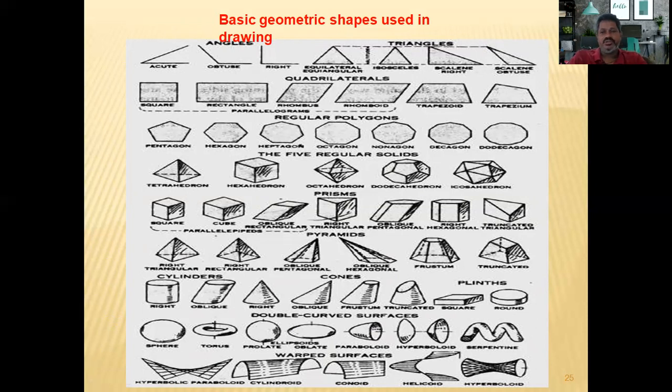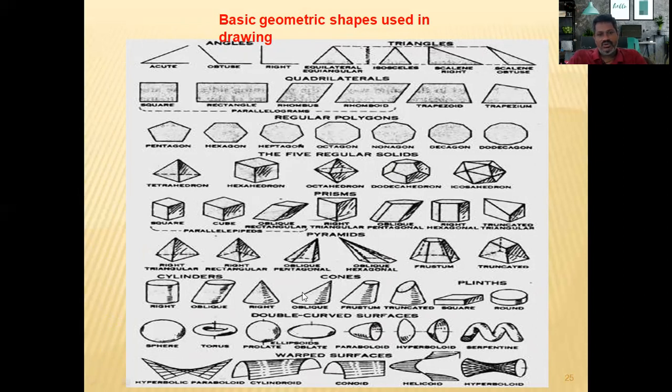The terminology also we need to remember, which is extremely useful. A tetrahedron is a pyramid which has four triangular surfaces that are equal in size.